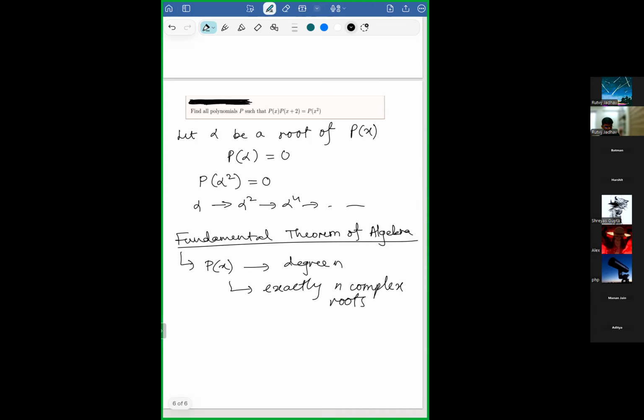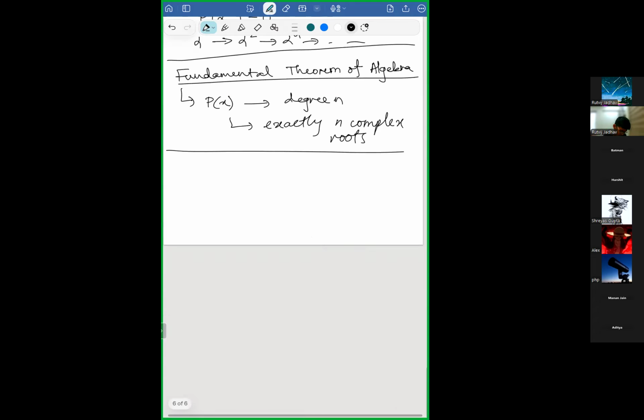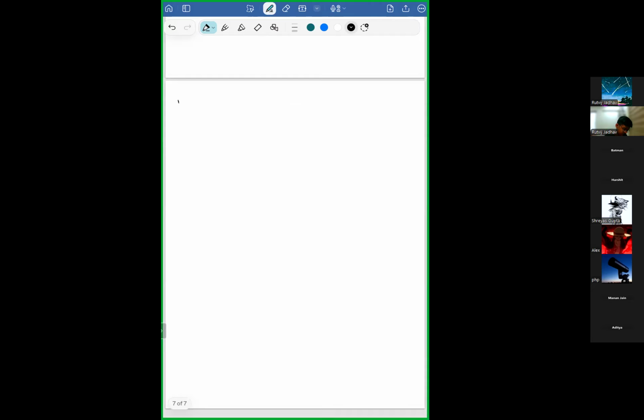If it's less than 1, then the square will be smaller. Yeah, precisely. So if alpha is greater than 1, then this sequence is strictly increasing. So you are getting new and new roots, right? That's a contradiction because in this way you can generate infinitely many roots. So alpha can't be greater than 1.